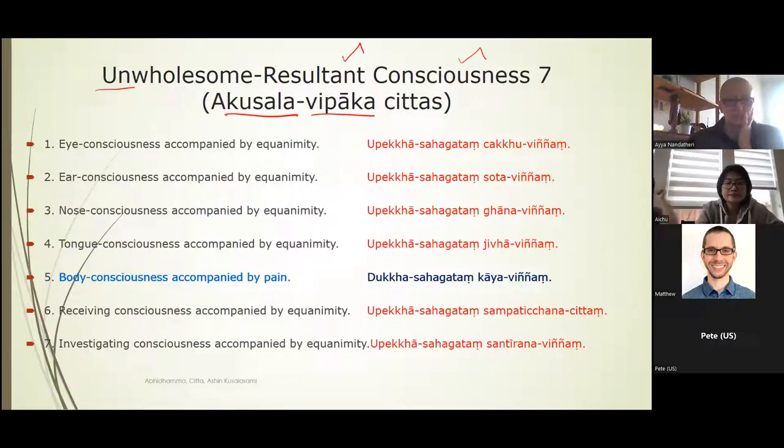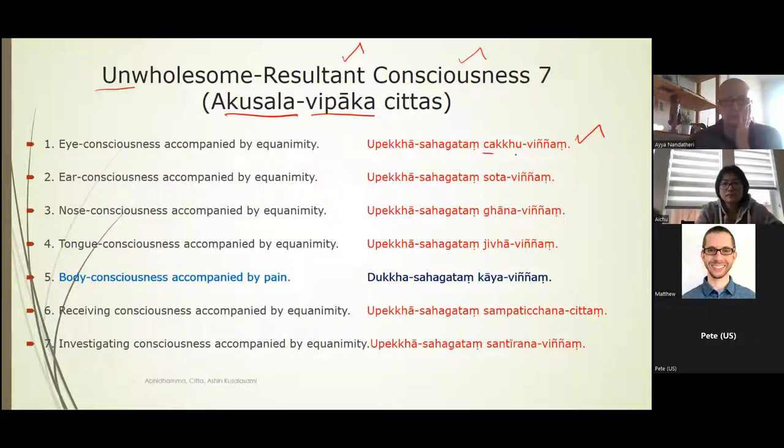The first cheta is eye consciousness accompanied by equanimity. In Pali, if you want to learn, you can see here: Upekkha sahagatam cakkhu vinnanam. In English, eye consciousness accompanied by equanimity.